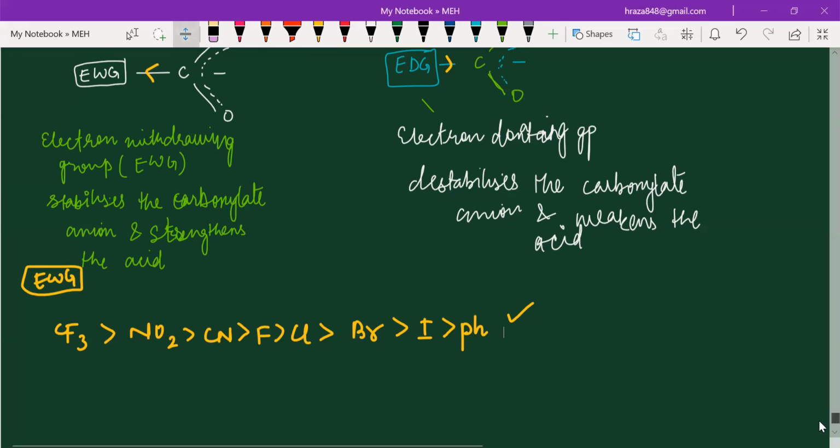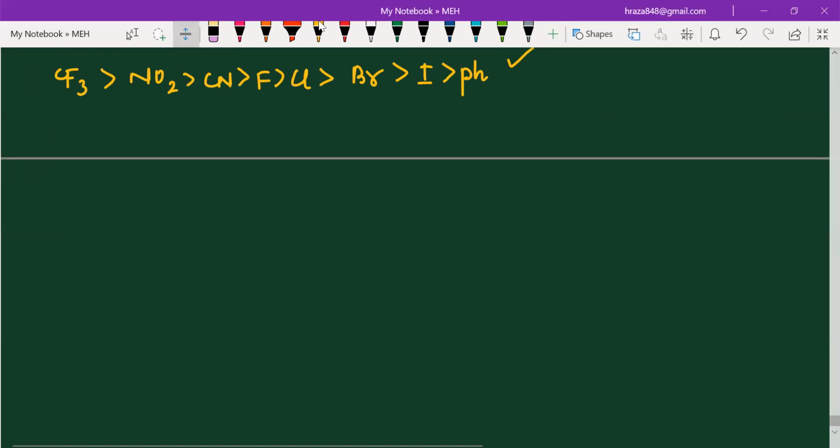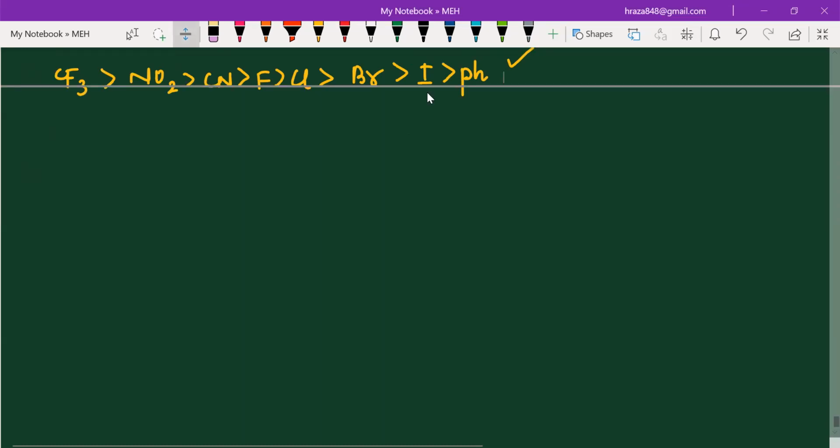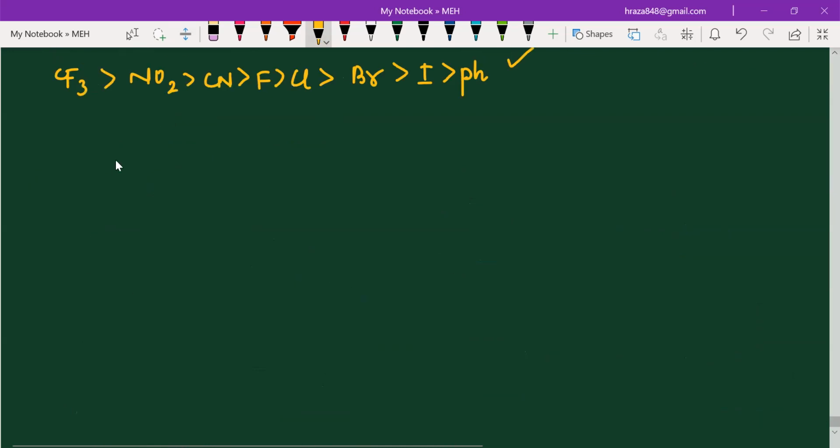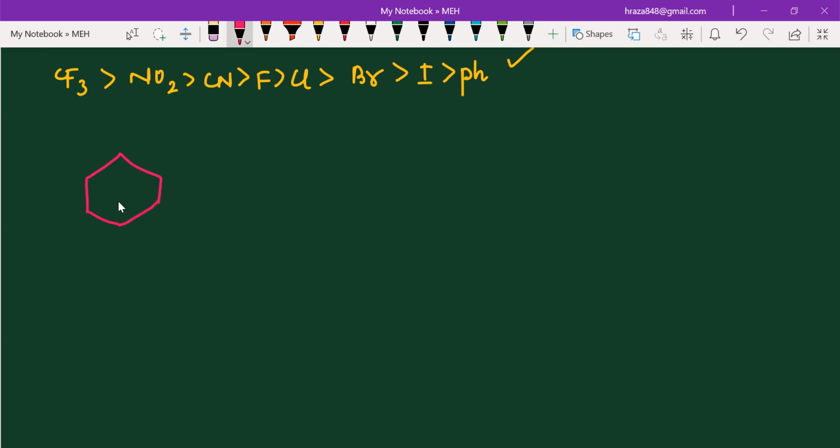Now see, I'm going to give you a question on this. Which one is more acidic? This is benzoic acid in which an OCH3 group is added.